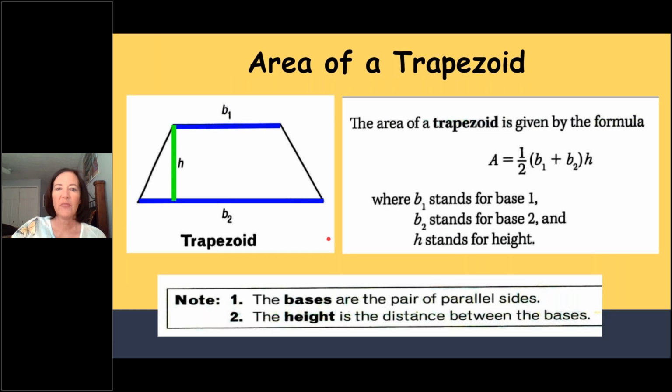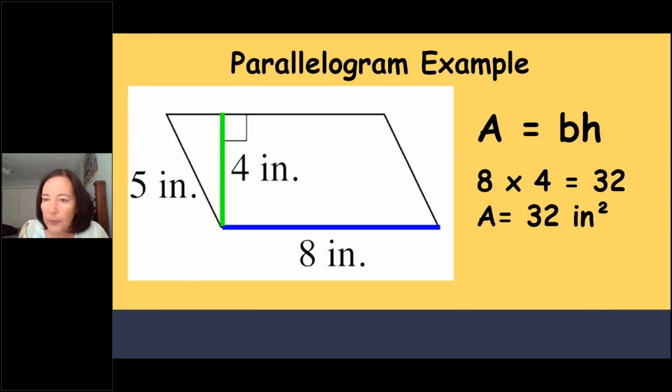Good. Before you go, if you could go back to the last slide for just a quick second. This one? I just always found it really useful to know that parallelograms and rectangles use the same formula. If you look, Tashana, at that slice on the left-hand side of that screen by that 5, that yellow line almost makes a triangle that you could slide over to the other side and turn this into a rectangle.